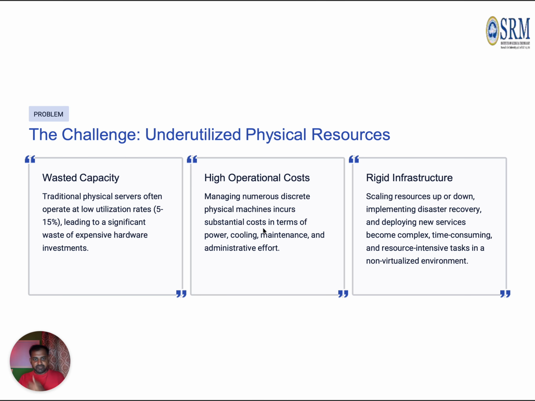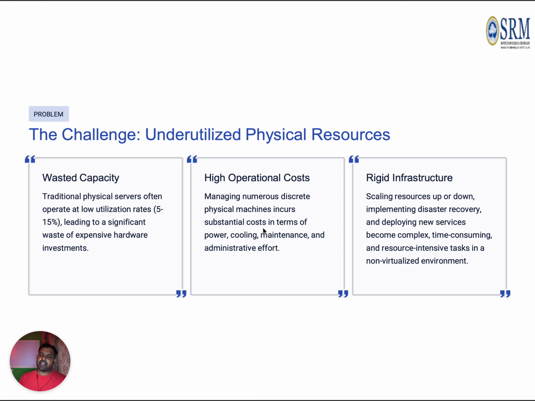And what are the challenges? Let's look at what problems it solved. First, wasted capacity. Let's say you need only 15% of a hardware. For that 15%, you need to buy a whole hardware. You bought it and you are using it, but only to 15% of its capacity.